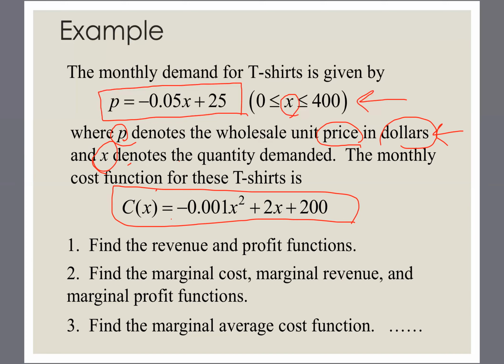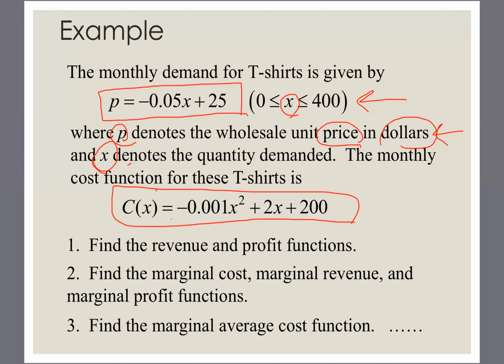So when finding the revenue function, if we have the demand function, we can do it by multiplying the demand function by the quantity, and then we get the total revenue, right?